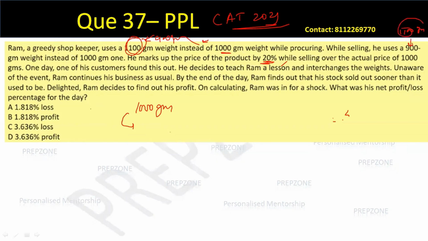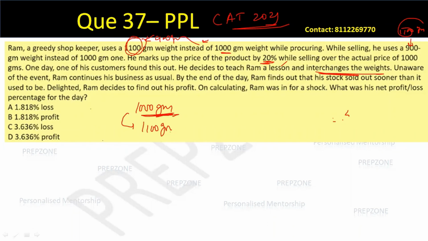This is what is meant when we say interchange the weights, which means when Ram is procuring the material for 1000, actually he is only getting 1000 gram of material, but he is paying for 1100 gram now. Okay, earlier he was paying for 900 gram. Okay, but now, sorry, uses 1100 gram. Correct. Yes.